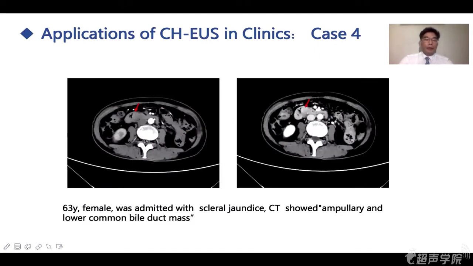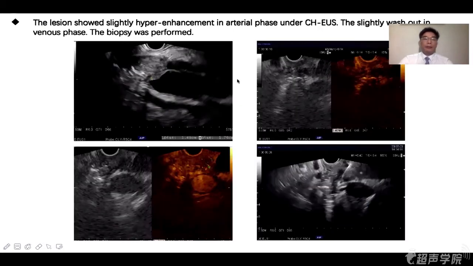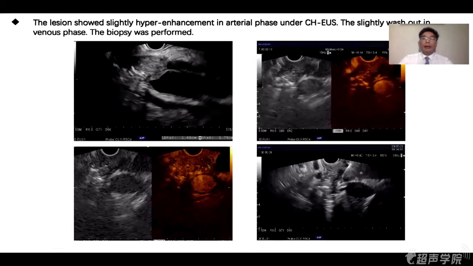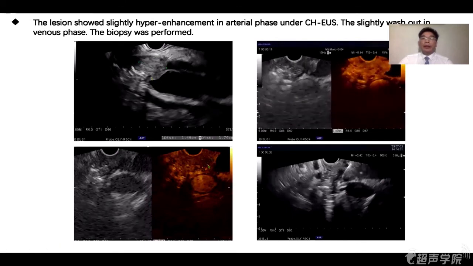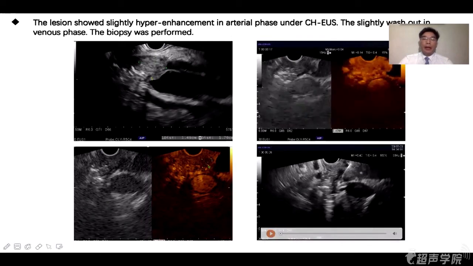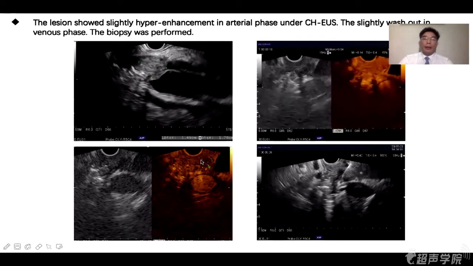Case 4. A 63-year-old female was admitted with sclerosing jaundice. CT showed an ampulla and low common bile duct mass. The lesion showed slight hyperenhancement with CHEUS and slight washout in venous phase.